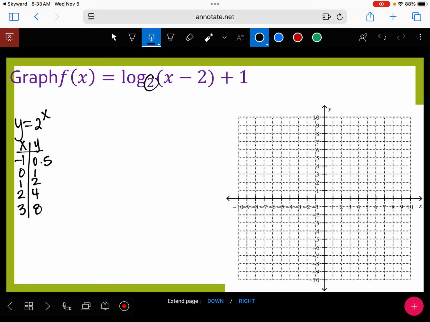So now we're going to take that table and flip it. I'm not going to graph that one either.